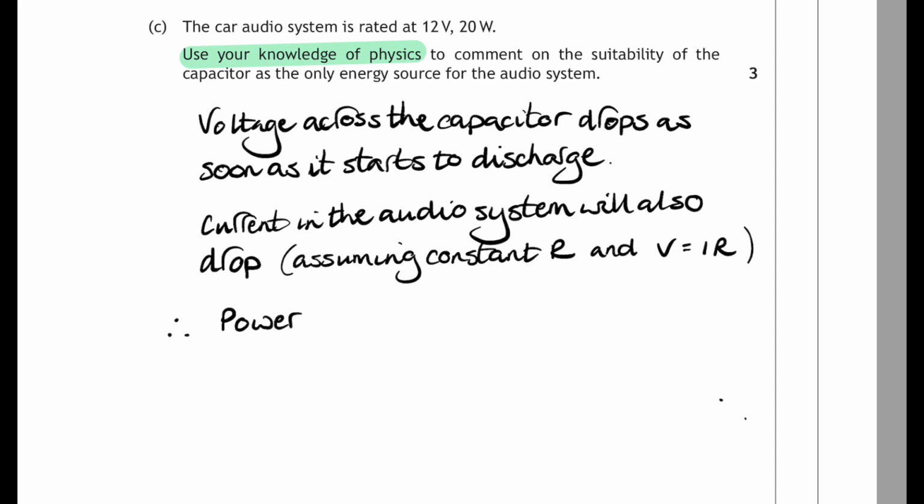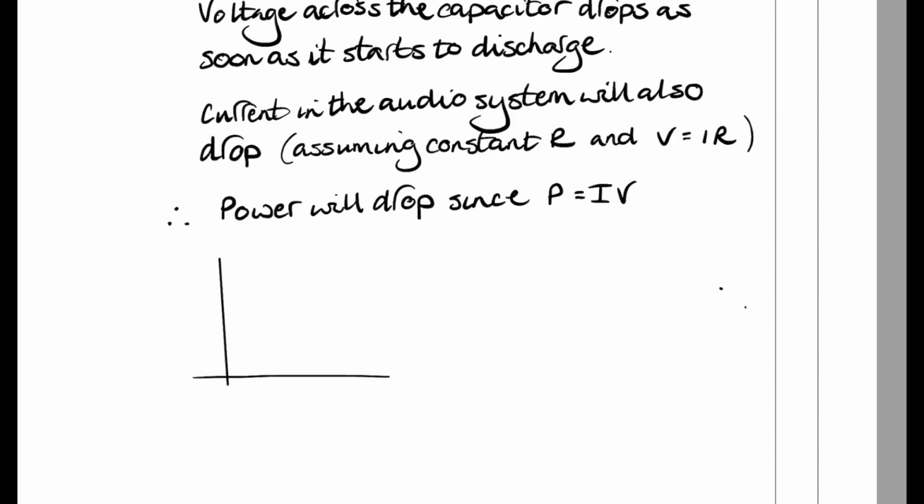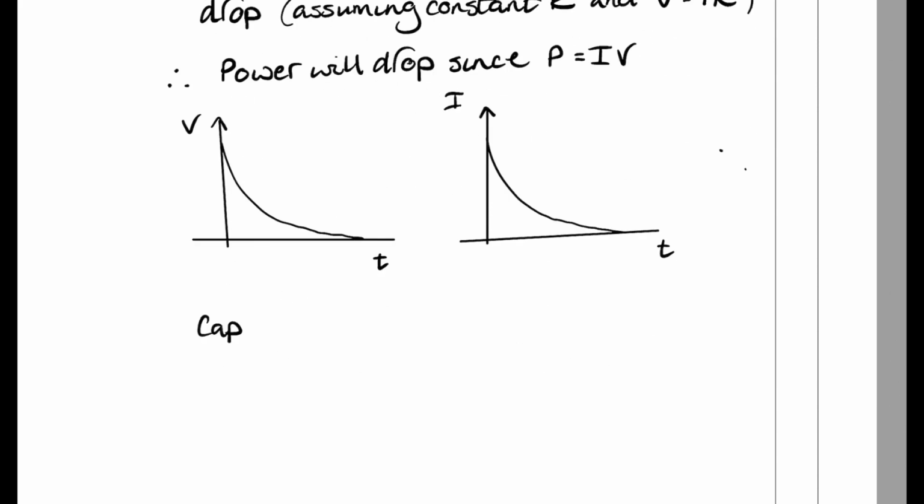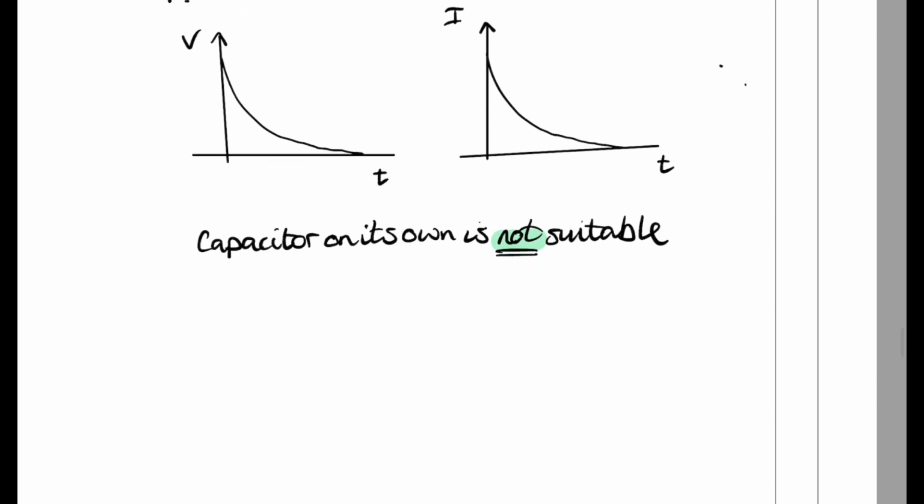And if the voltage and the current drop as soon as it starts to discharge, then the power will also drop, since P equals IV, and we could sketch graphs of both the voltage and the current decreasing as soon as the capacitor starts to discharge. So the capacitor on its own won't be suitable because it can't deliver a constant power.